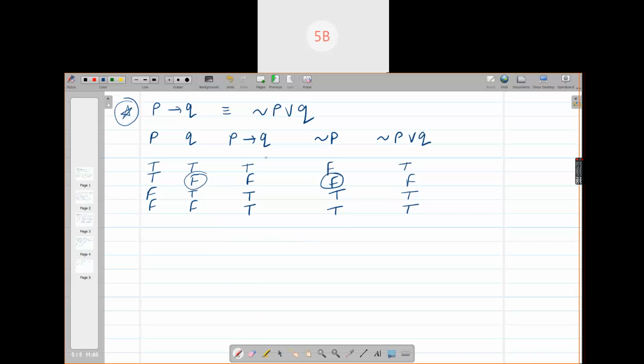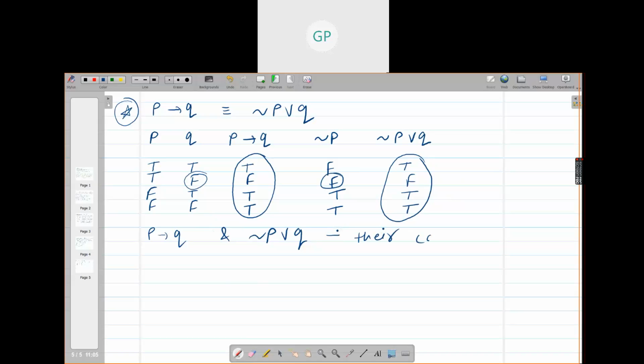Now let us see these two columns, P implies Q and negation P or Q. Their corresponding truth values are same, right? What does corresponding mean? This first row, second row.